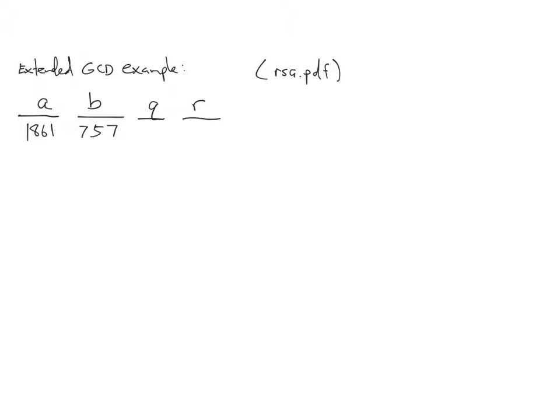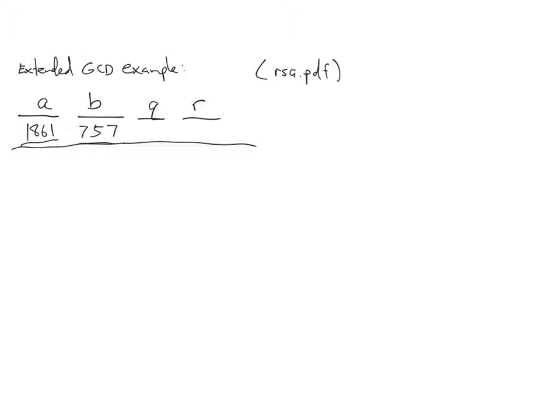So we're going to compute the quotient and the remainder. So we simply divide 1861 by 757. So let me do that here on my calculator, which is on my computer. So 1861 divided by 757 is 2.45 blah blah blah.